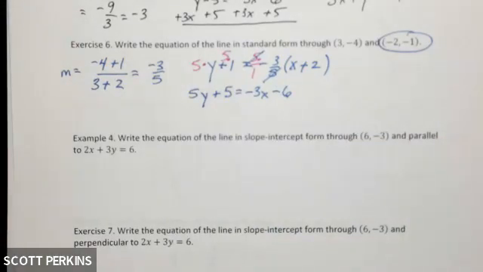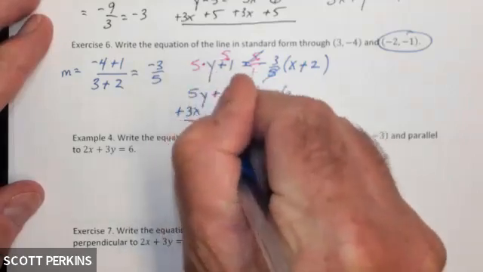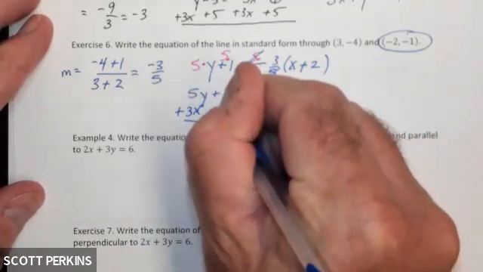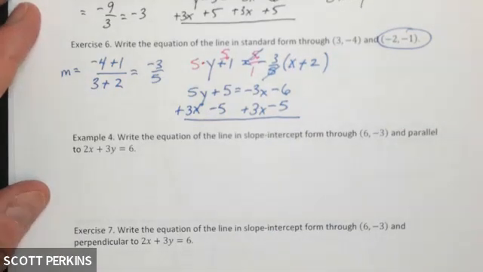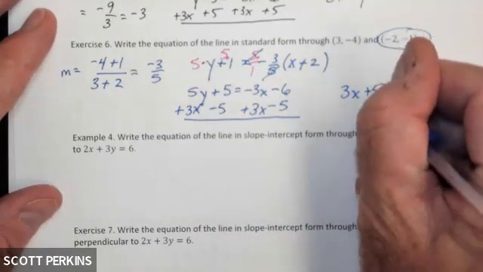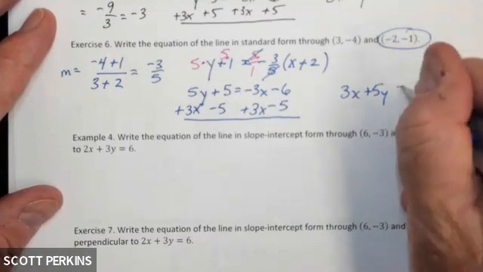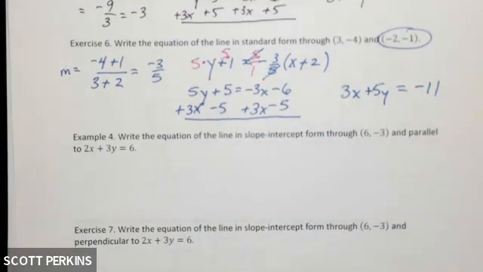And finally, last but not least, I'm going to get the x and the y on the same side. I'm going to put all of my numbers on the other side, and then I'm going to be done with this problem. And I'll be ready for any questions you have before we move on to the last alteration of this problem. So I have 3x plus 5y on the left. On the right, -6 and -5 is -11, and I'm done.